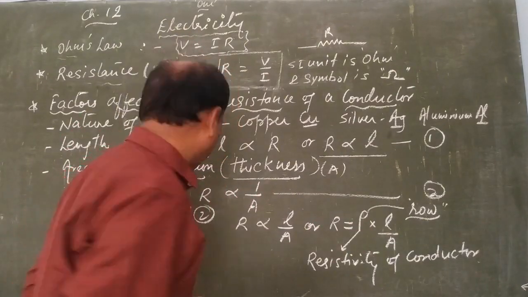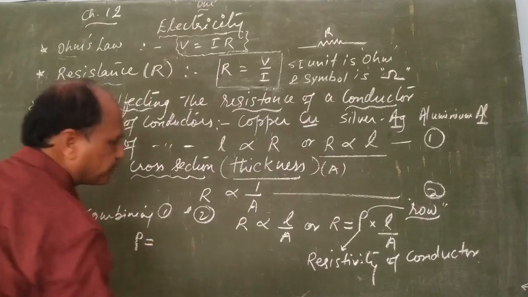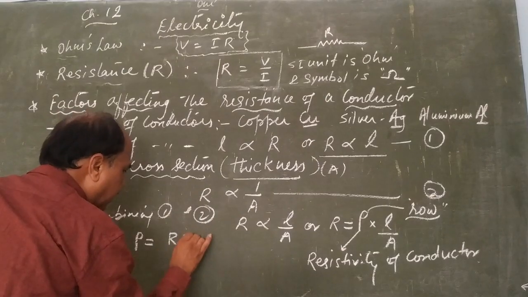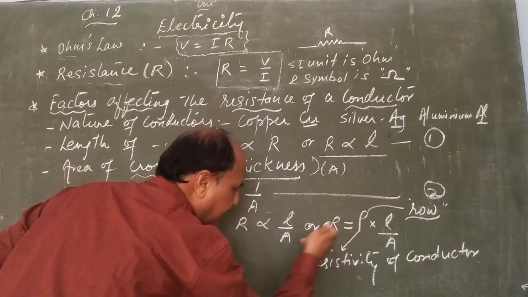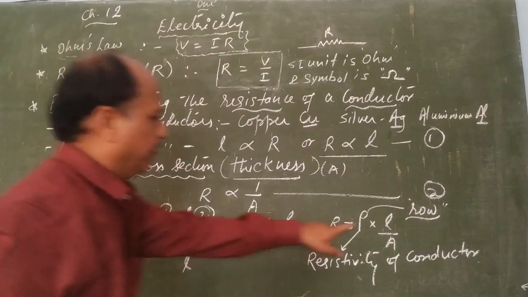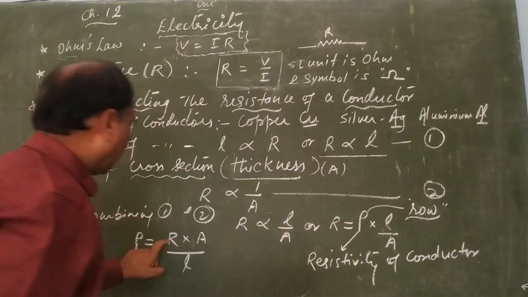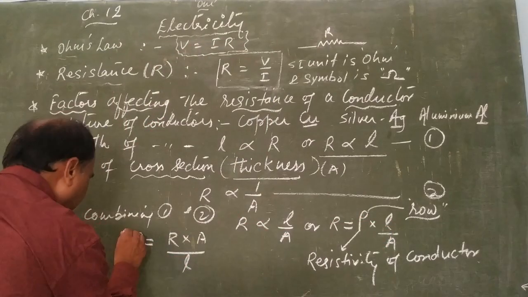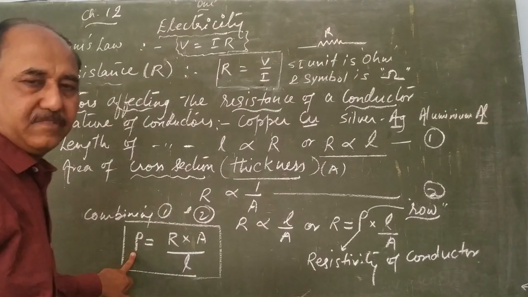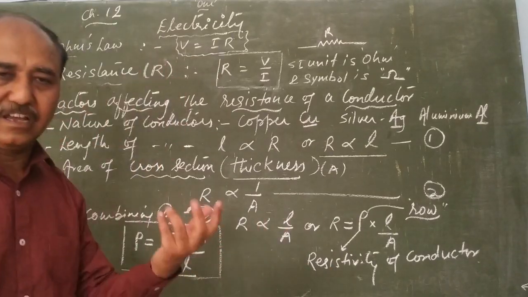Now we can obtain an expression for rho here. Rho can be written as, taking this A towards the R, I will multiply A here, R into A, and this L we will take here at the denominator place, cross multiplying. A we have taken towards the R and L we got just below, R into A by L. So we got another expression here, rho, which is called specific resistance or resistivity.